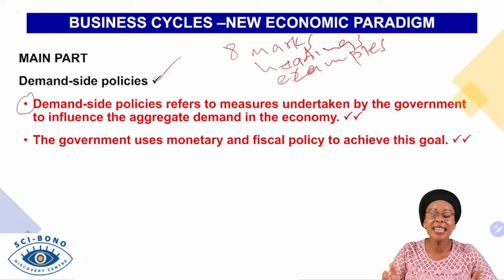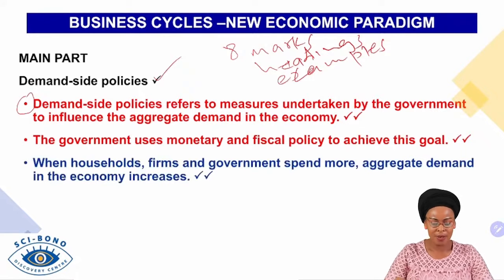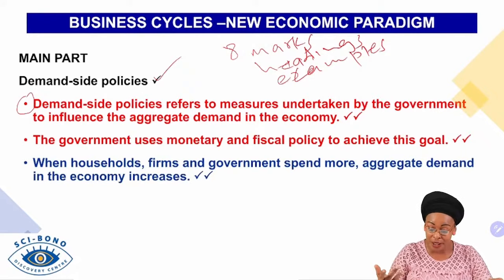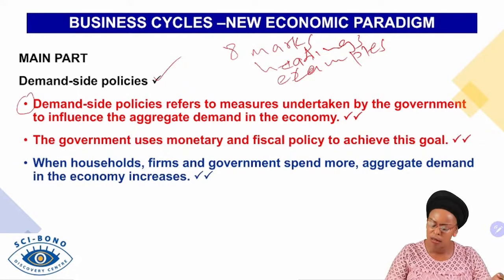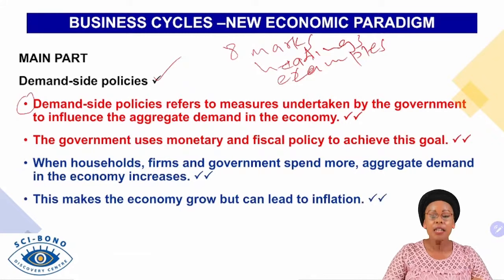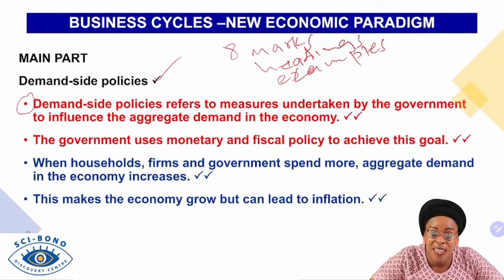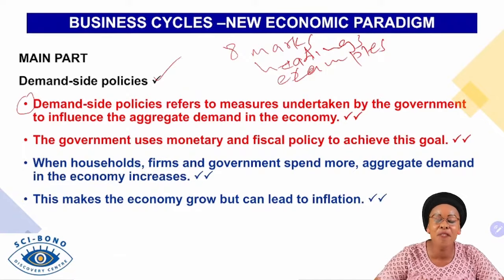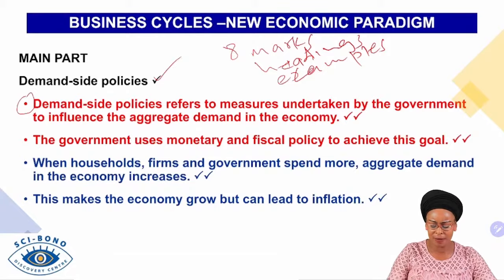So, for mentioning that the government will use monetary and fiscal policy to achieve this goal, another 2 marks. For mentioning that households and firms and government spend more, aggregate demand in the economy increases, 2 marks. For mentioning that this will make the economy grow, but this will lead to inflation. Why? Because supply does not respond, 2 marks.